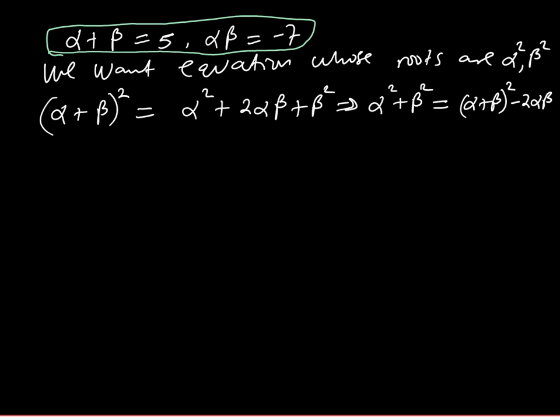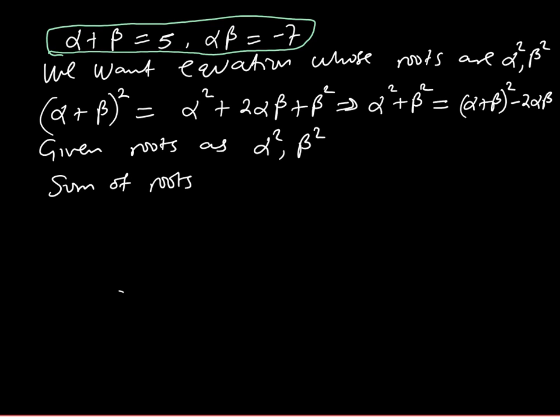Why are we doing this? We have been given the roots as alpha squared and beta squared, and we want the sum of roots, which is alpha squared plus beta squared. We know that it is alpha plus beta squared minus 2 alpha beta.